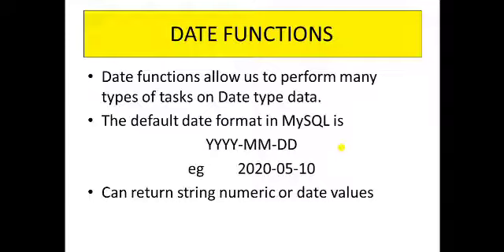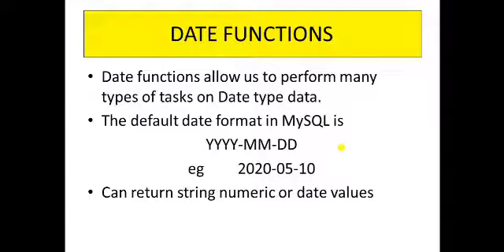Or I want to get the month name: September, October, November. Whatever date I input, I get the name of the month. So in this way you give a date value as a parameter and you get a string value in return.